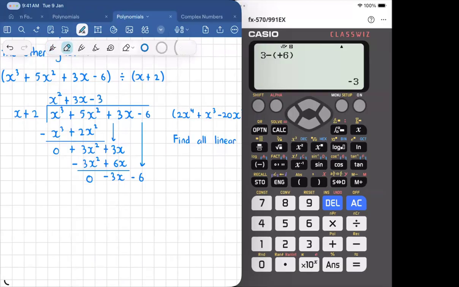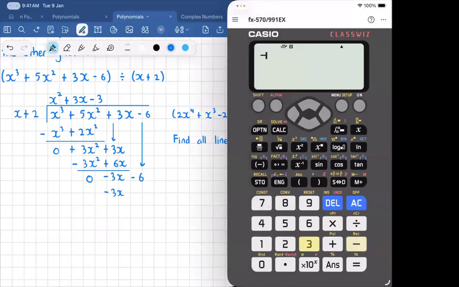What next? Then the minus 3 by x. Where's minus 3 by x? Minus 3x. What is minus 3 by positive 2? Minus 3 by plus 2 is minus 6.